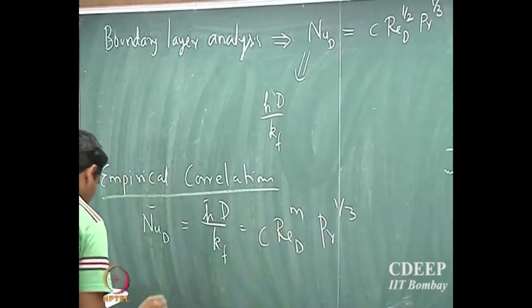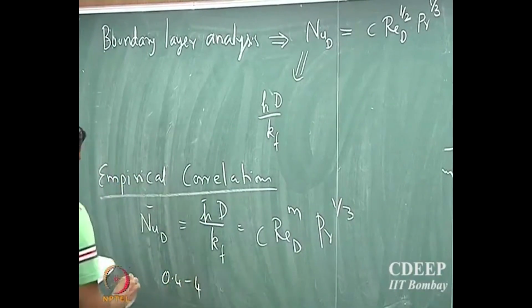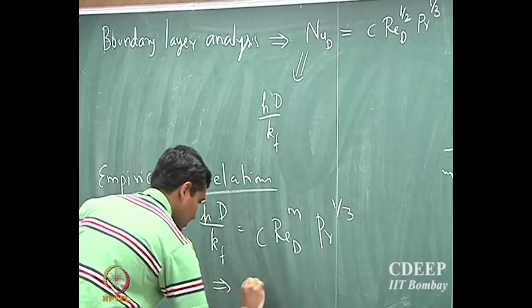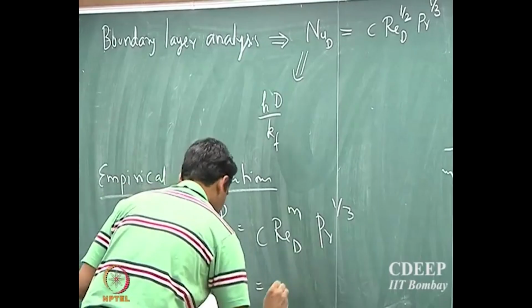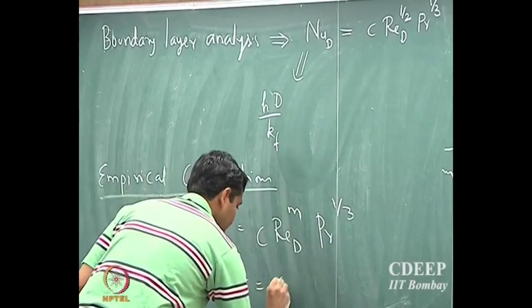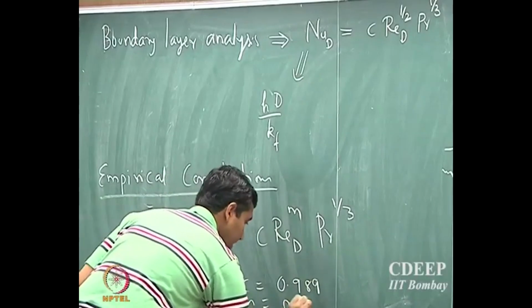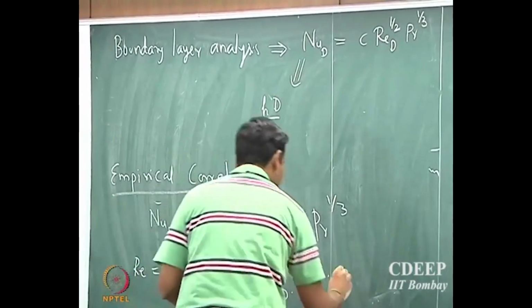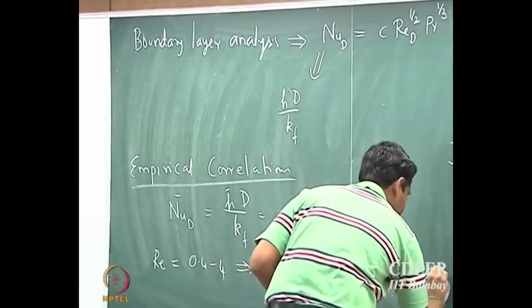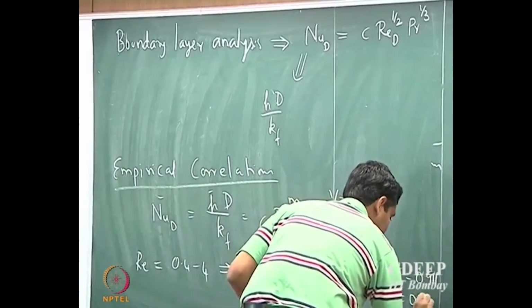(1 by 3), and so if C is ... Reynolds number ... 9, M is 0.33, and for between 4 and 40, C is 0.911 and M is 0.385.